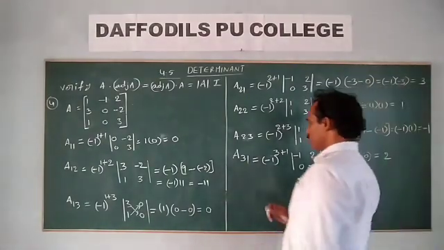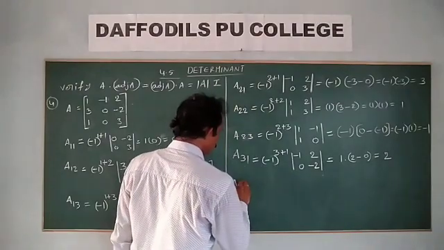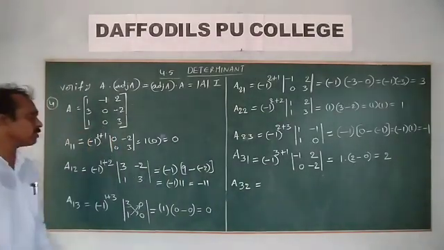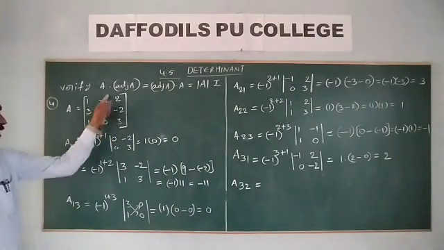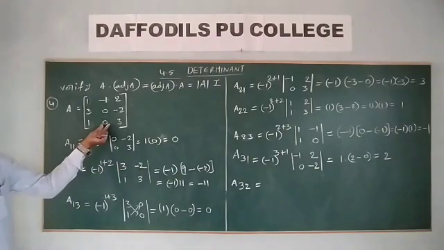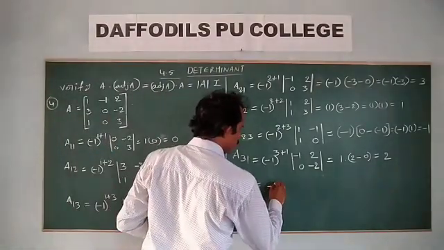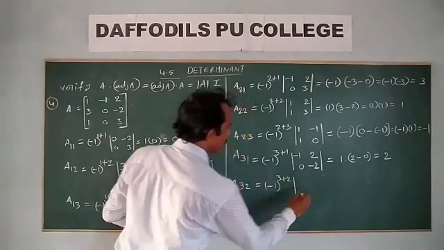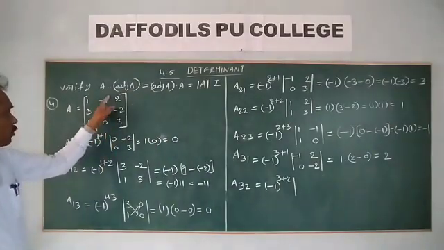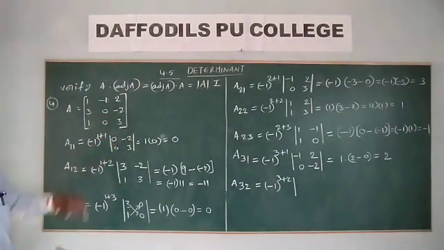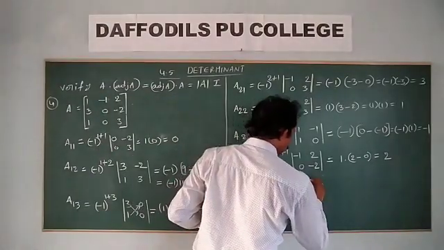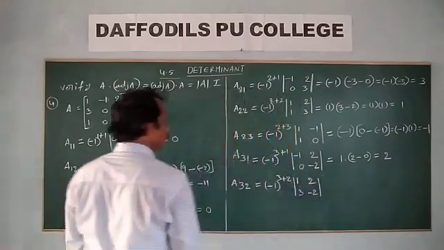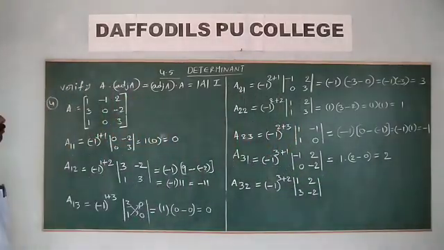Right. Next up, A32, the cofactor of this element. This element is present in the third row and second column, that's why A32. This is minus 1 to the power of 3 plus 2, and its minor. What is the minor?